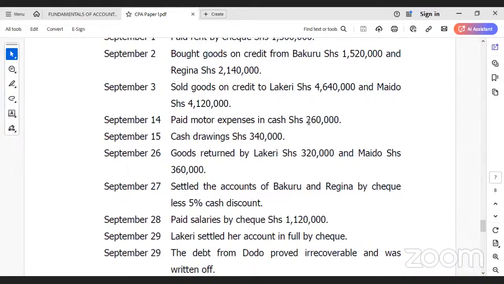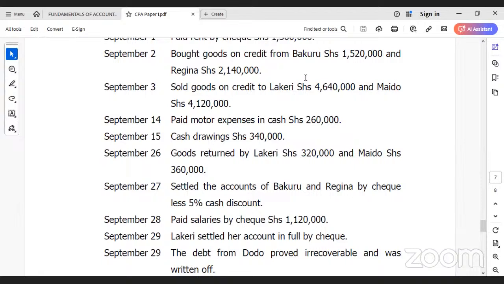Now these are purchases. They are purchasing goods from these suppliers, but of course these are credit purchases. So which accounts are we supposed to come up with in this case? The suppliers accounts, the trade payables accounts, Regina and Bakuru.